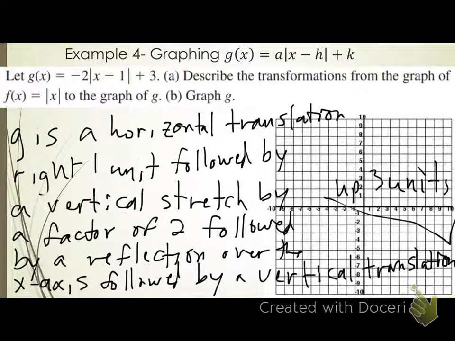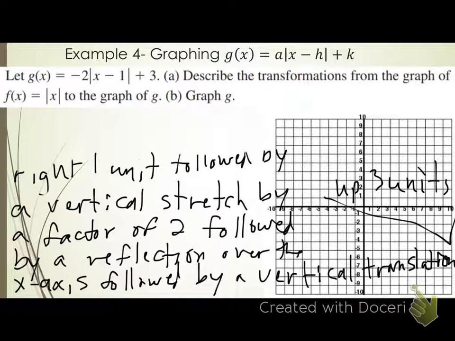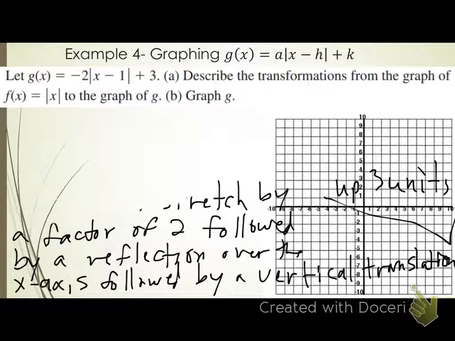We got our horizontal one first, our stretch or shrink, our reflection, and then our vertical translation. Okay? So there's letter A, describing the transformations from the graph of my parent function to the graph of g. Now it wants us to graph g. Can I go ahead and erase letter A? Give me some room to work.